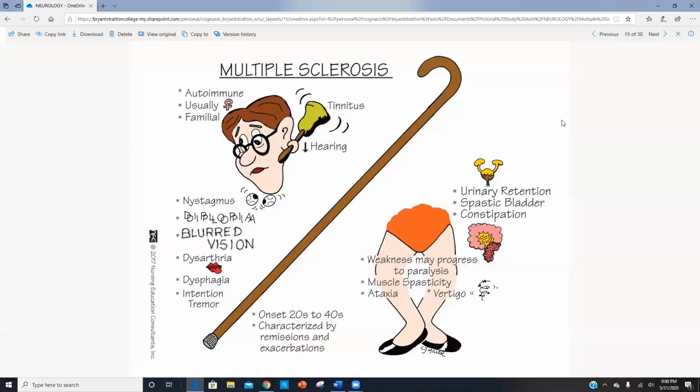So the manifestations vary in relation to the location of the lesion. Okay, and so these lesions again are within the central nervous system, so within the brain and the spinal cord. So the MRI shows sclerotic patches through the brain and spinal cord.